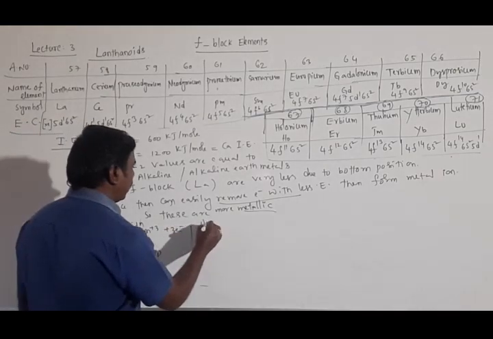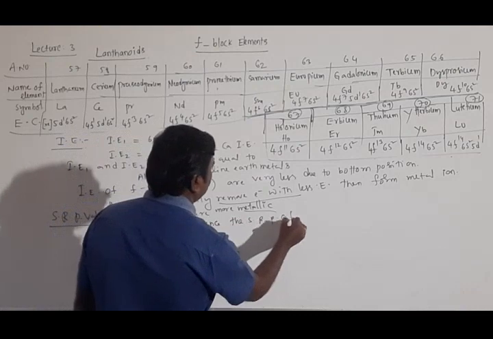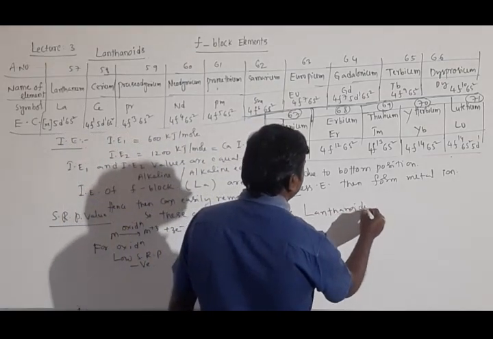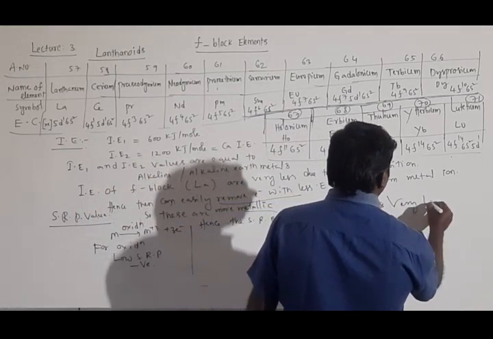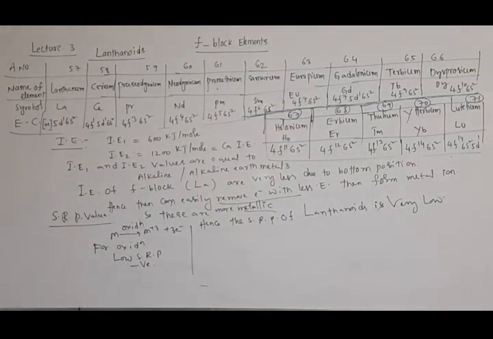Hence, the SRP of lanthanoids is very low because they are undergoing oxidation. Getting all of you?